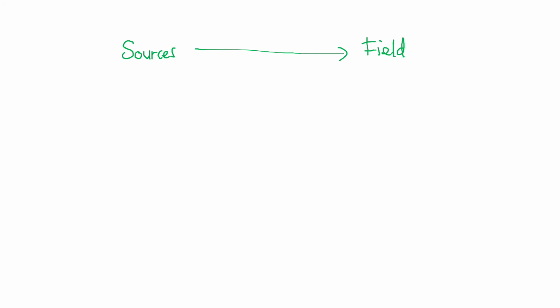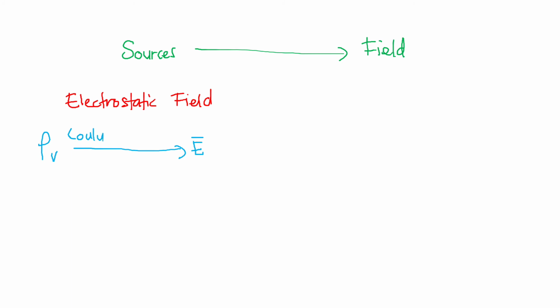First, recall in electrostatic field, we have rho v as our source, and the field is E. The relationship of this is using Coulomb's law.